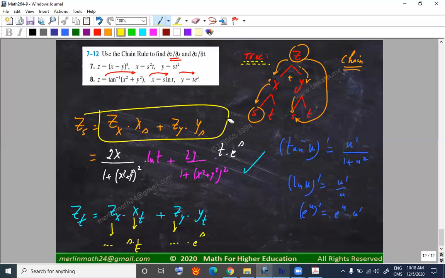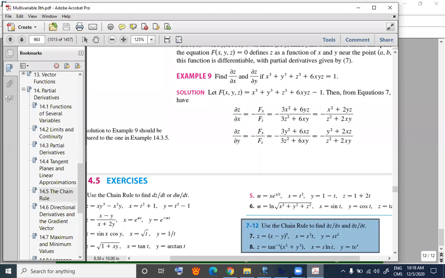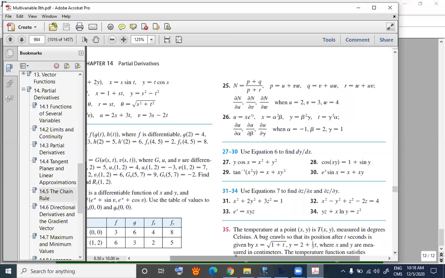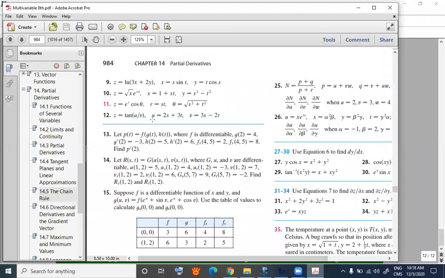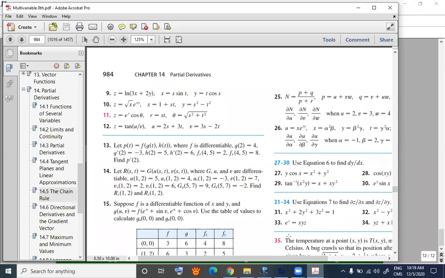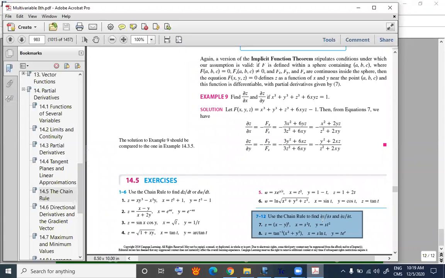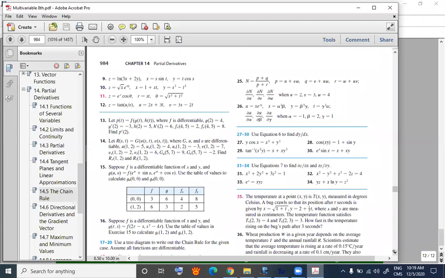No. After that, number 12 is the same thing. Yeah, we can do it. Same scenario. They say z. Let us pick first. Number 12 in this part. Okay, so it's z_s and z_t.